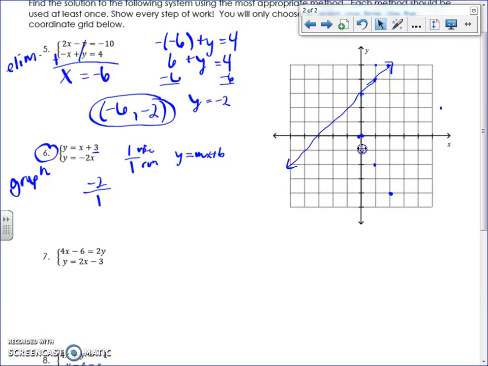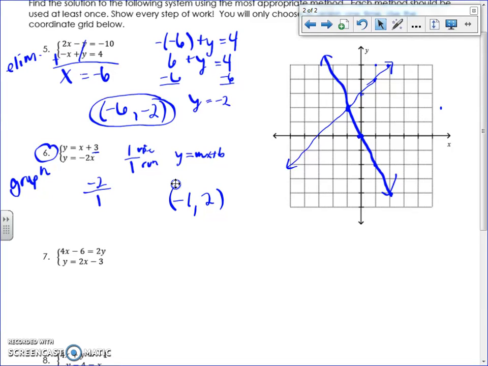And then in reverse, if you want to go up to the left, I can go up 2 and then to the left 1 to continue on. And if I connect these points, you'll notice that they are going to cross at the point negative 1, 2.